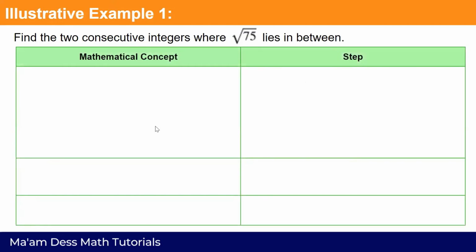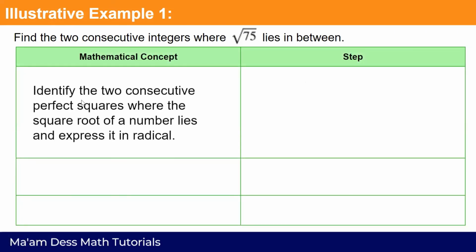So, paano pong gagawin? Let us identify the two consecutive perfect squares where the square root of a number lies and express it in radical. So, ito po yun. Step 1. The two consecutive perfect squares are 64 and 81. So, di ba, yung 64 and 81, nasa gitna po yung 75.